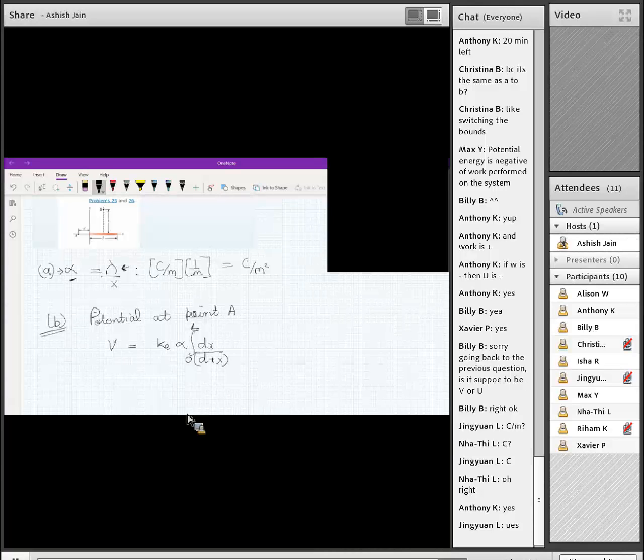Everybody's with me in this? So I wrote q as lambda dx and lambda as alpha x, so dq is alpha x dx.